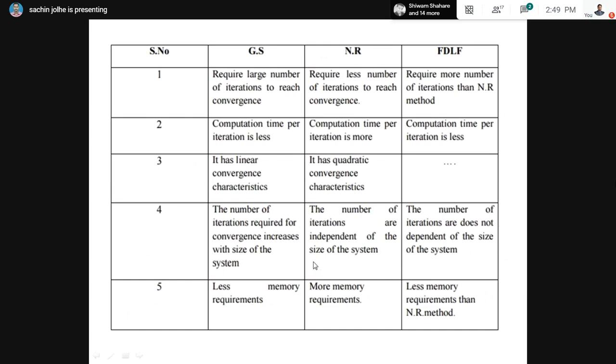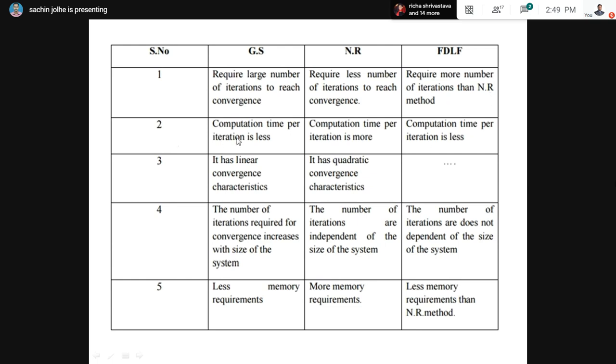Now, if we compare the three methods, Gauss-Seidel, Newton-Raphson, and the fast decoupled method, these are the difference points. There are 5 points related to this. Gauss-Seidel requires a large number of iterations to reach convergence. Newton-Raphson requires a less number of iterations to reach convergence. Fast decoupled requires more iterations than the Newton-Raphson method.